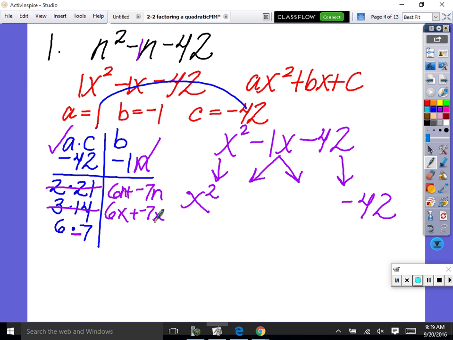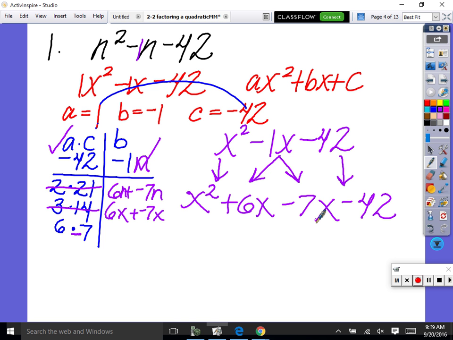So order won't matter. Your factors will come out the same. So I'm randomly choosing positive 6x. So write plus 6x. Then we had a negative 7x. So plus negative 7x, isn't that just the same thing as minus 7x? So I'm going to write minus 7x.